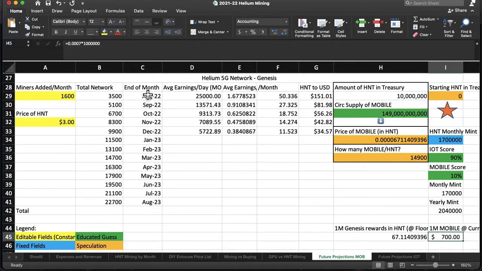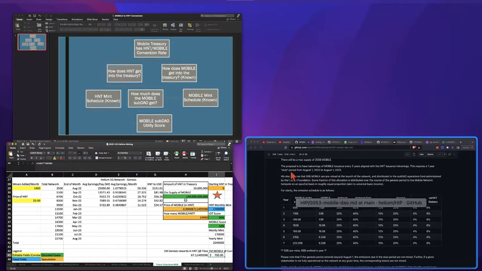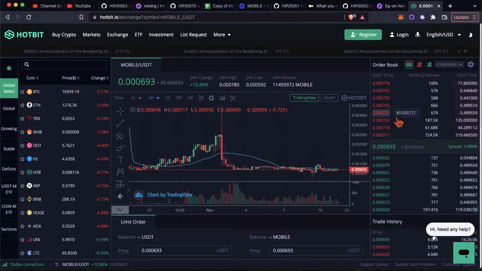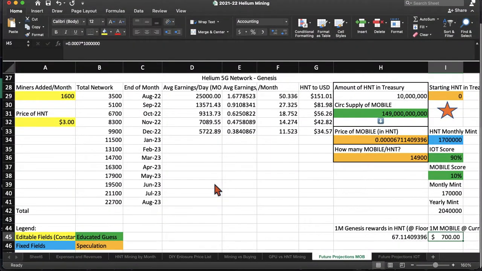We'll see what the market price of mobile does. It's still very early, and if there's enough people that want to get their hands on some mobile token, then I'm sure we'll see the demand spike and prices based on supply and demand, right? So we'll see where this goes.